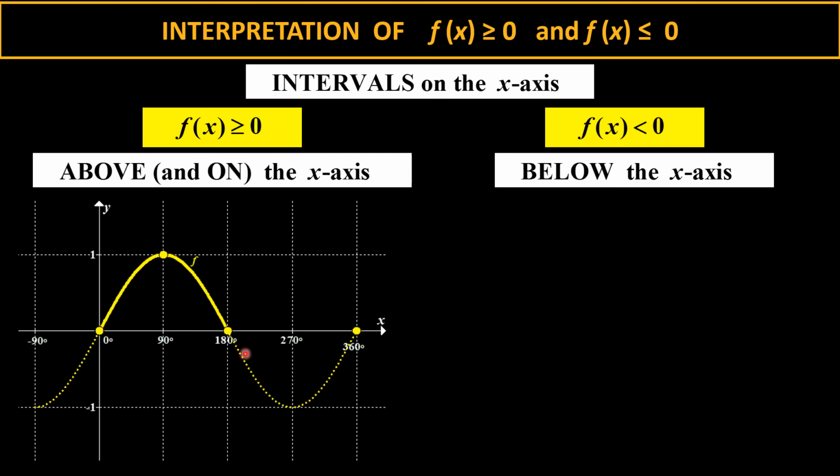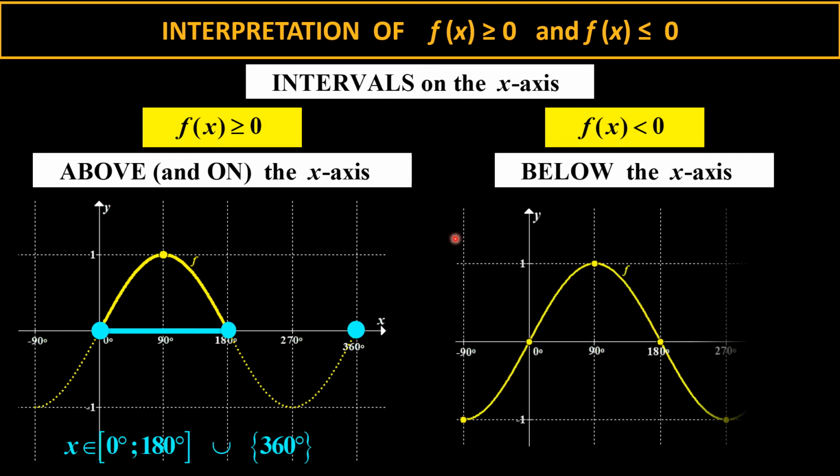So that is the above, that's the greater or equal. And so it will be greater or equal from 0 to 180. But because I said equal, at 360 f(x) is also equal to 0. So this answer will be that interval, but also include the 360.